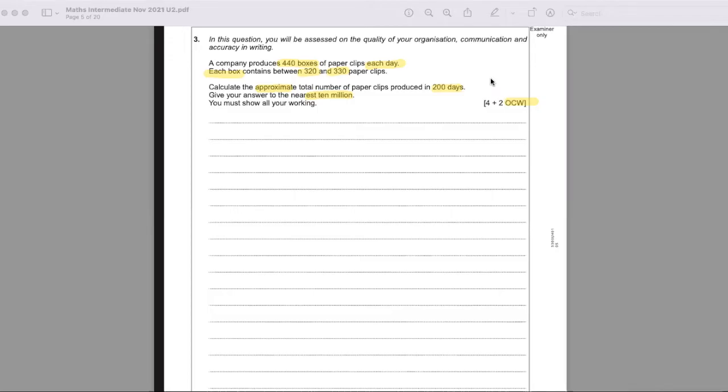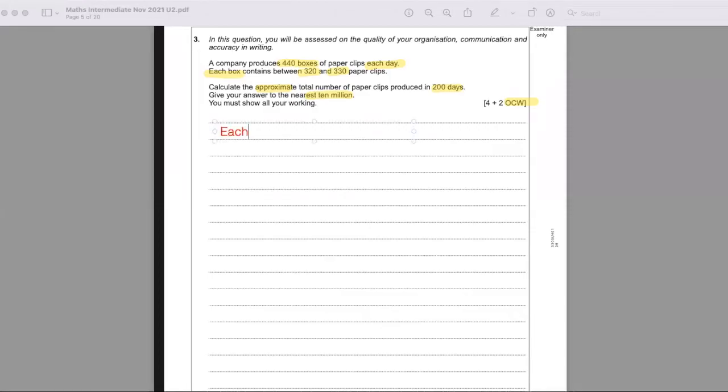Right, so this is an approximation question. It rarely comes up this way, and it can look a little bit strange. If you break down the question, it's not that bad at all. It's just that people seem to be confused by the 320, 330 and didn't really know what to do with that bit of information.